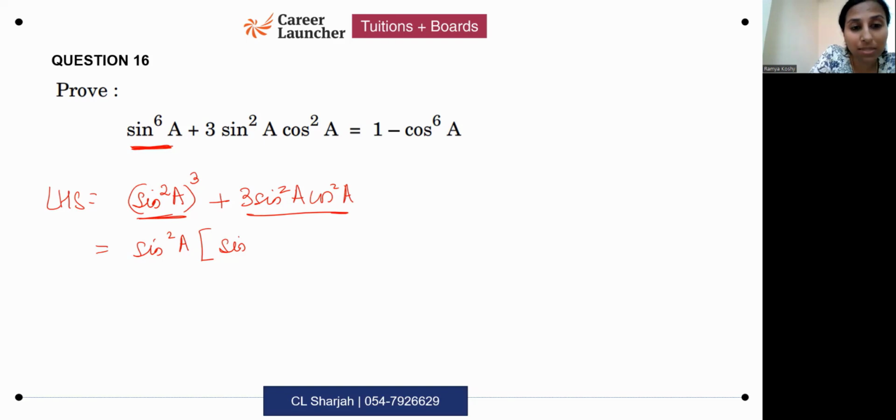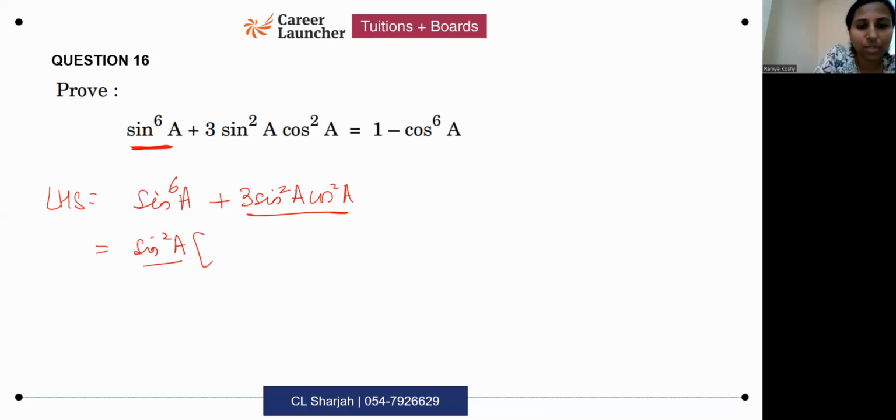We could have done that also. Without writing that, directly I could have taken sine square A out. What is left then? Sine square A into sine A to the power 4 plus 3 cos square A. Okay? Next, what do we do?